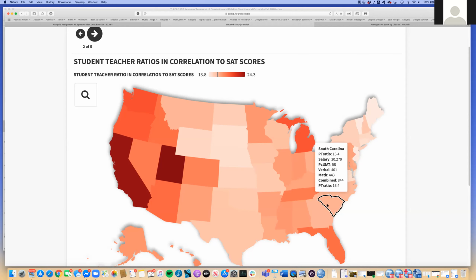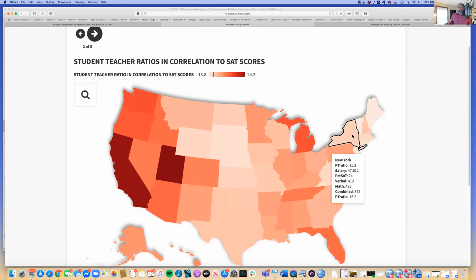And even if you look at New York, later as we keep going, you'll notice that the salary is high for the teachers, the ratio is low, but the scores are low. So it's everywhere. It's really difficult to pinpoint that any of these things are relevant or correlational to the SAT scores.